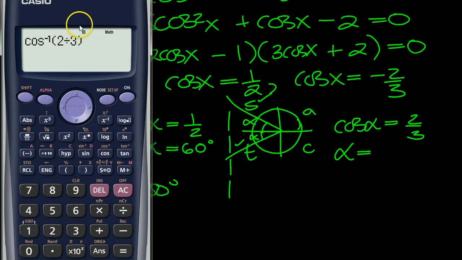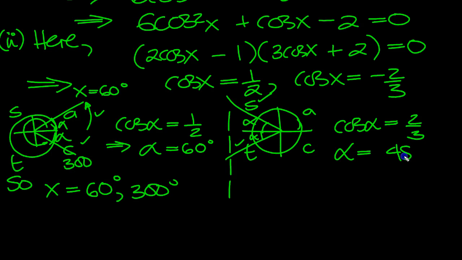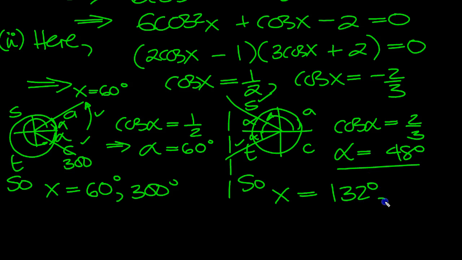We need to be in degrees mode, which we are, equals 48 to the nearest degree. So there's alpha. So x is equal to, the first solution will be around to here, 180 back 48, which is 132 degrees. And the next one is right around to here, 180 plus 48 is 228 degrees.